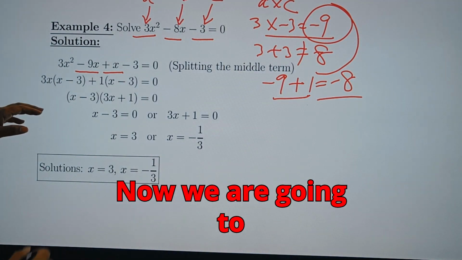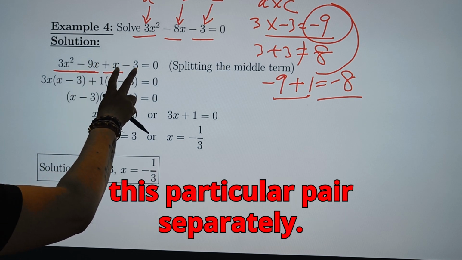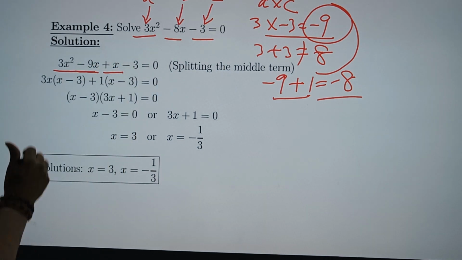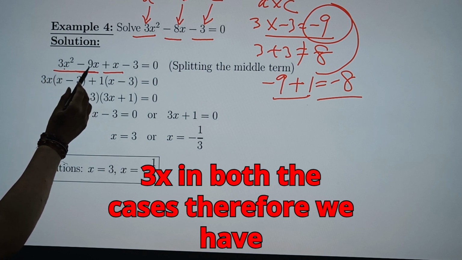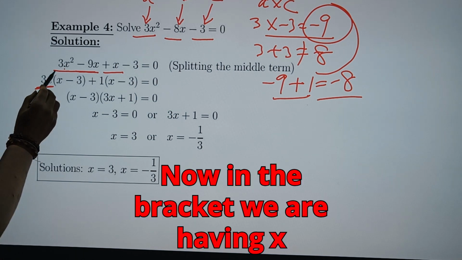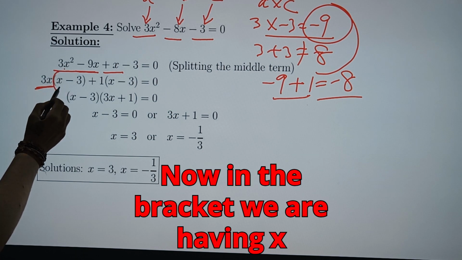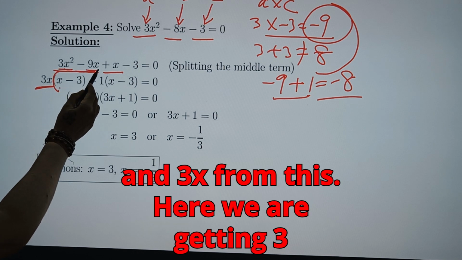Now we are going to simplify this particular pair and this particular pair separately. Here we have common 3x in both the cases, therefore we have taken out 3x here. Now in the bracket we are having x because we have taken 3x from this and 3x from this.